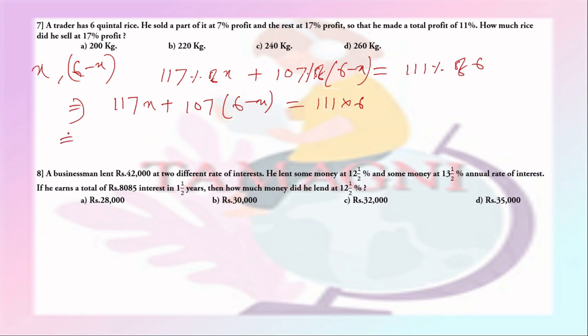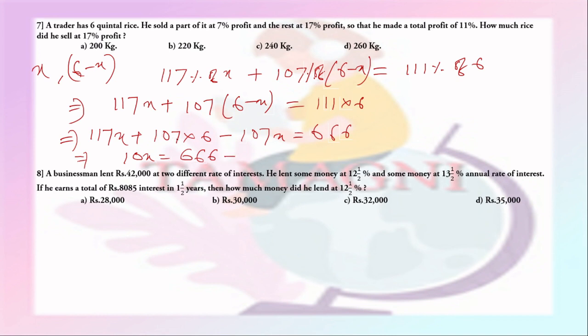Now this gives 117x plus 107 into 6 minus 107x equal to 111 into 6, that is 666. So on subtracting 117x and 107x, we get 10x equal to 666 minus 107 into 6, that is 642.